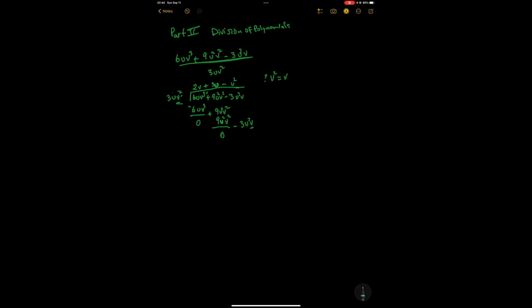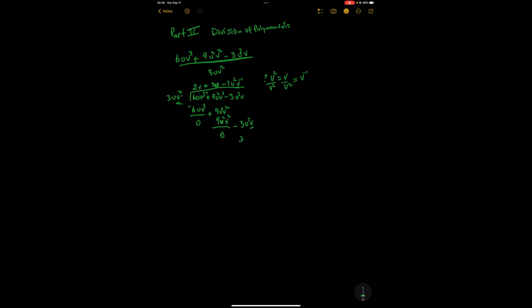Well, we know to do that, we need to divide both by v squared, so that will be equal to v to the negative 1. So therefore here I'm going to have v to the negative 1. So now we will have 1 times 3 is 3.